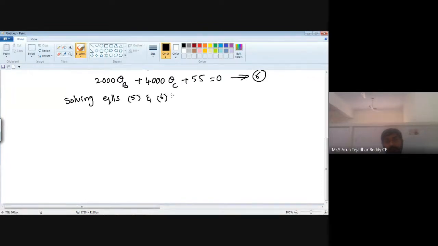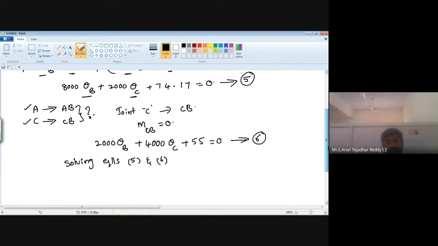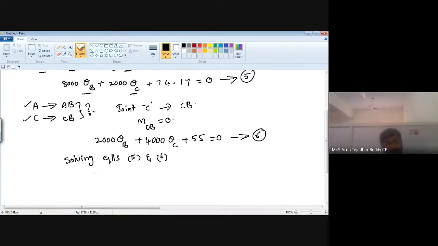Then you will get theta B as well as theta C. What is equation number 5? 8000 theta B plus 2000 theta C plus 74.17 equal to 0. What is the sixth equation? 2000 theta B plus 4000 theta C plus 55 equal to 0.